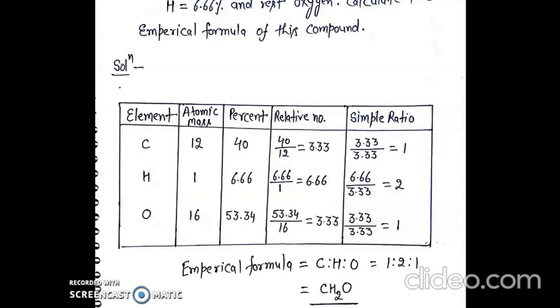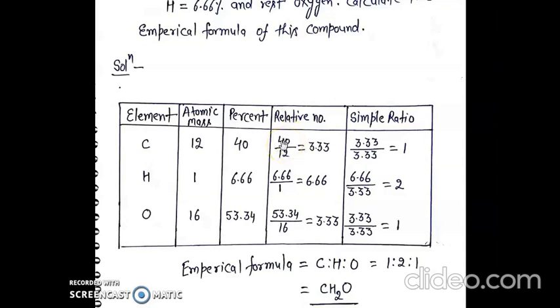The first element is carbon, and the atomic mass of carbon is 12 and the percentage of carbon given in the question is 40. The relative number can be calculated by the formula: relative number is equal to percentage of the element divided by atomic mass of that element.